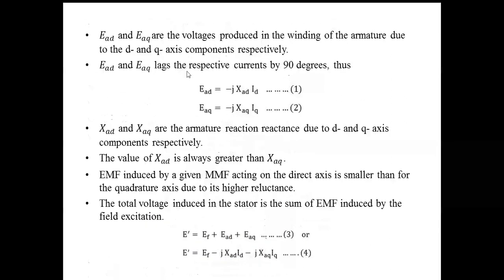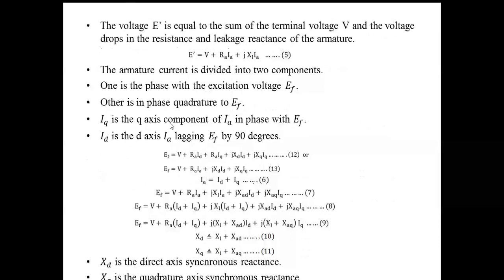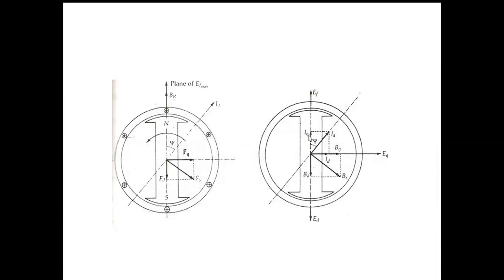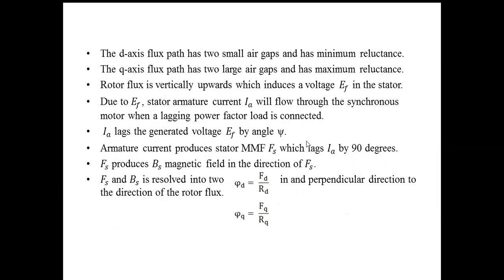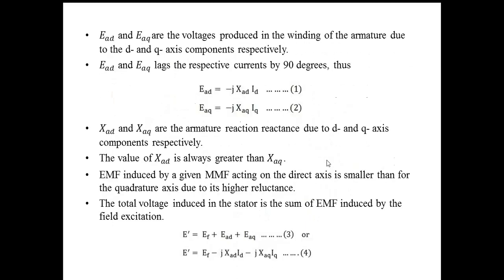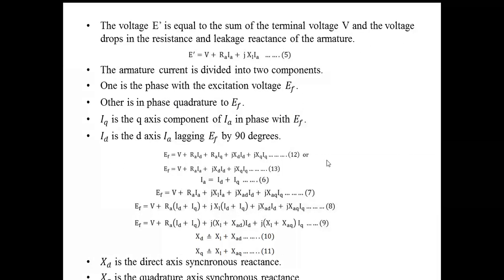One is in phase with the excitation EMF, that is your IQ, and one is out of phase from your EF, that is your ID. The same has been written here also.